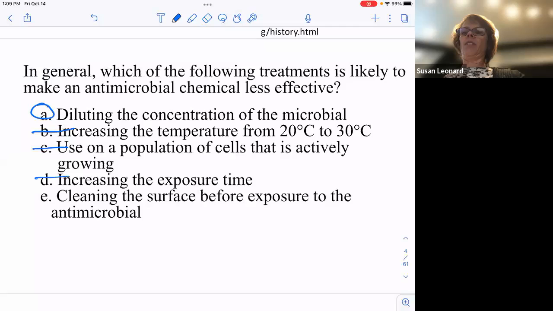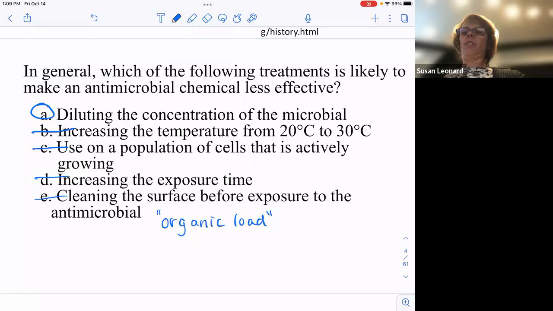And if we clean the surface before we expose it to the chemical, that is also going to make it more effective, because remember, a lot of chemicals don't penetrate through organics. We talked about that organic load. Something like chlorine doesn't penetrate through organic load.